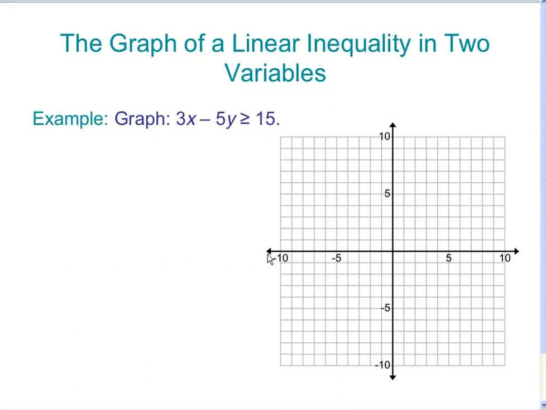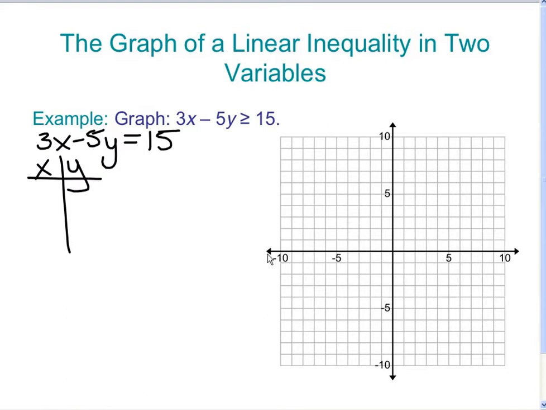Suppose we want to graph 3x minus 5y is greater than or equal to 15. First thing you want to do is pretend it's equal, at least for now. So 3x minus 5y equals 15. With an equation that is in standard form, the easiest way to graph that is to do your x and y intercepts.